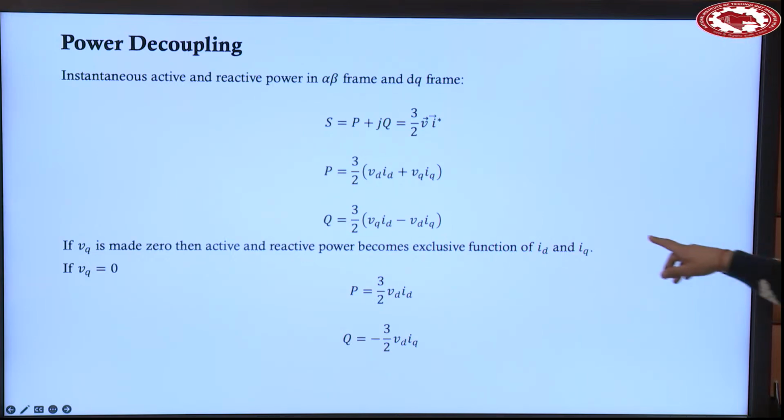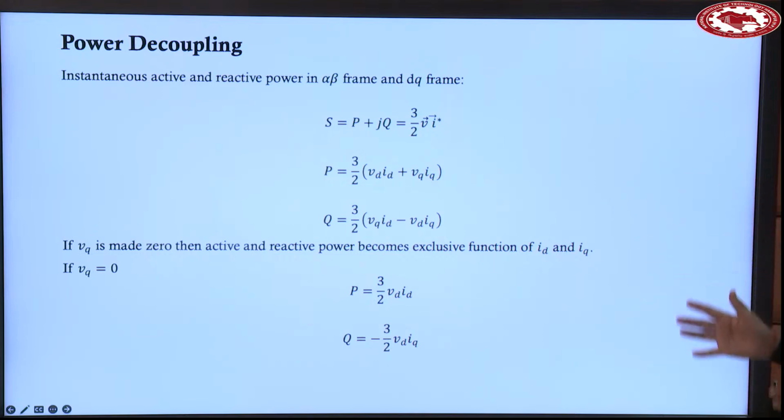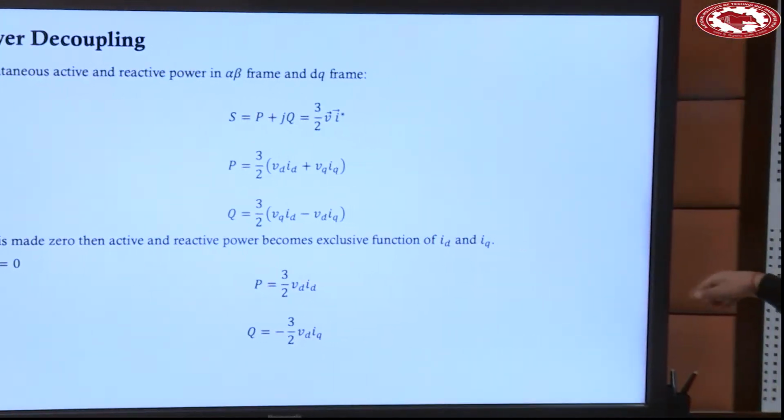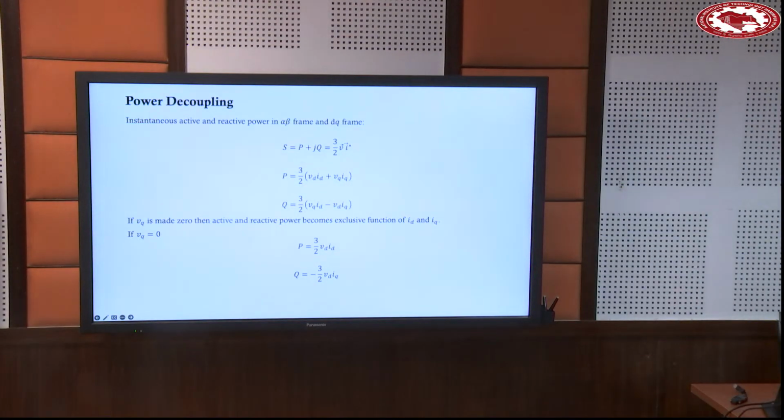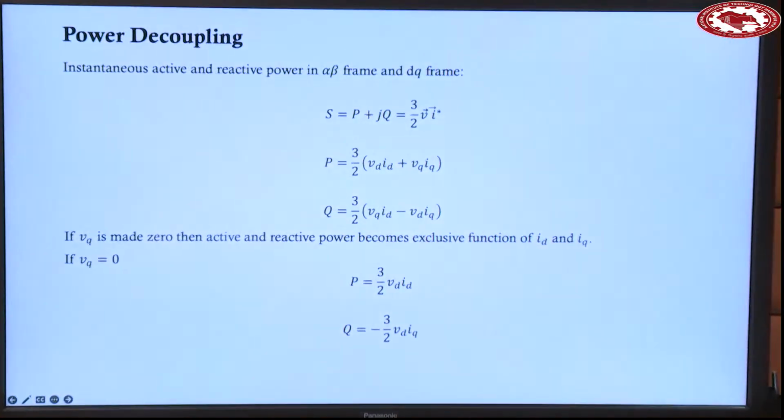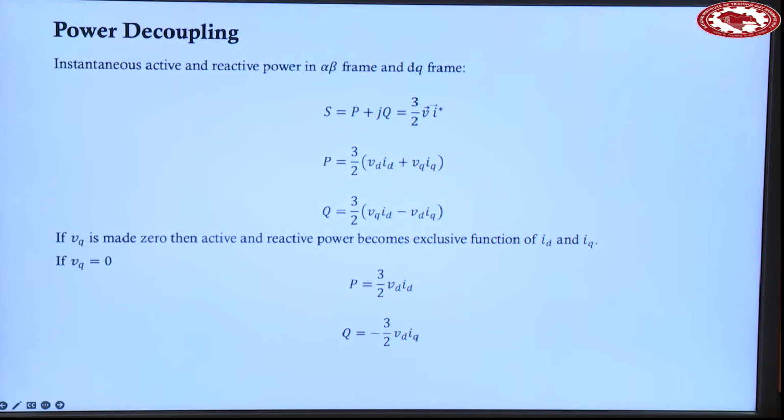VD VQ will form a 2 by 2 matrix, and then ID IQ, and here PQ. If you take the inverse of that matrix, then ID IQ can be calculated from PQ utilizing this VD matrix.